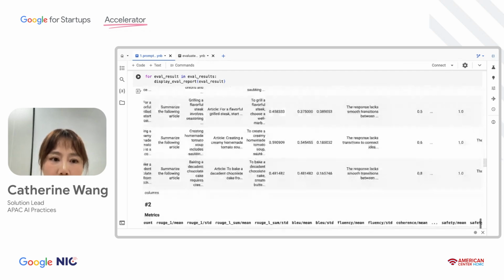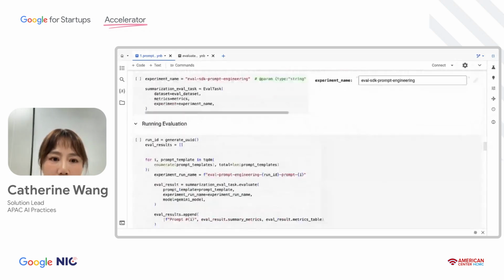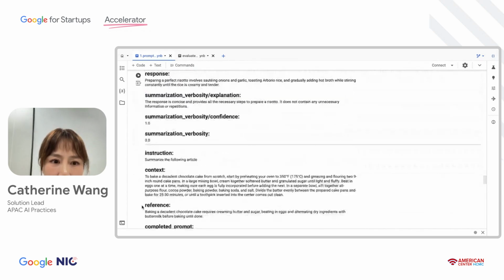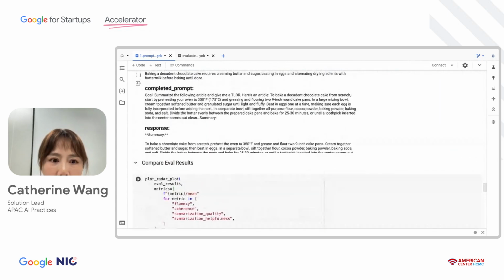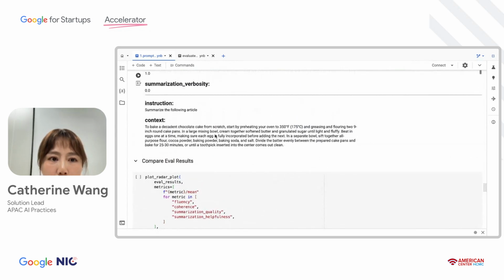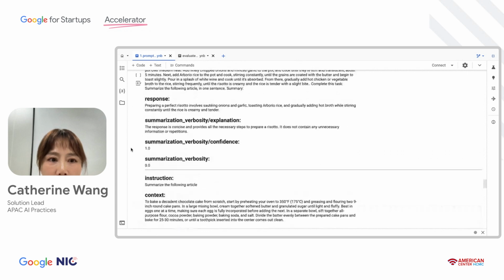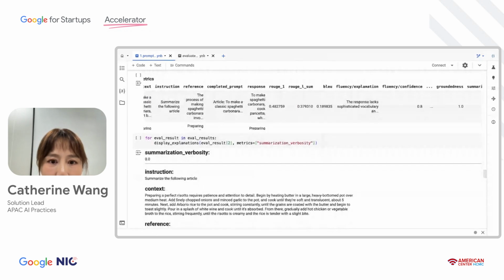So version 1, 2, 3, 4, 5. Okay. And this is one way of seeing this result, right? So you can also print out specific metrics output, right?